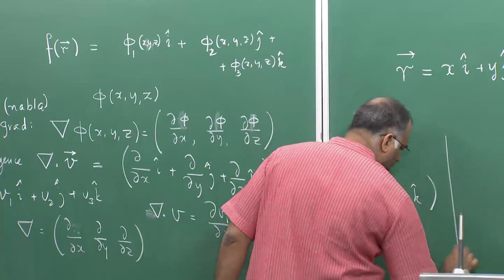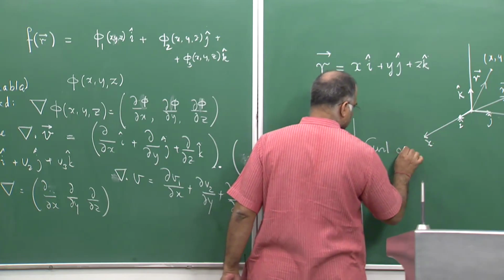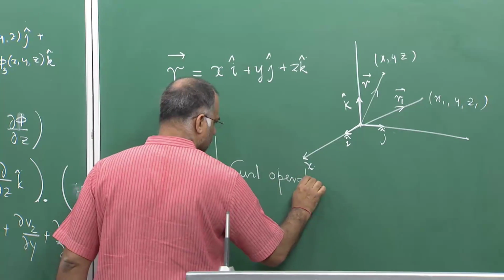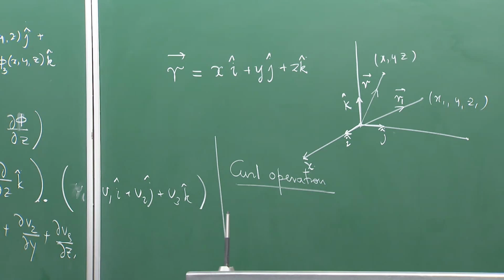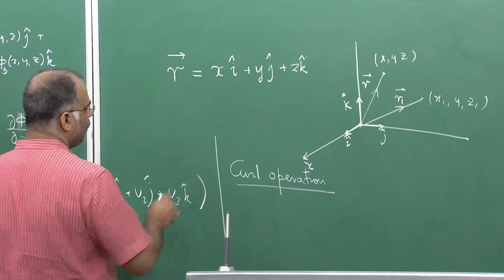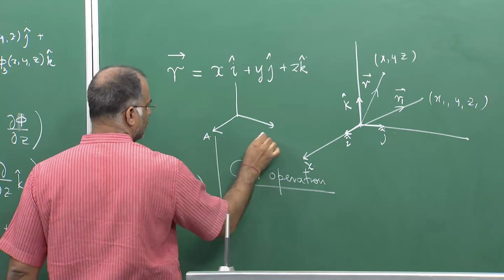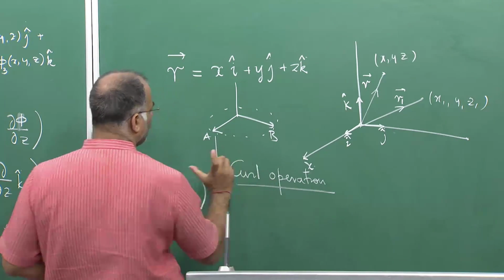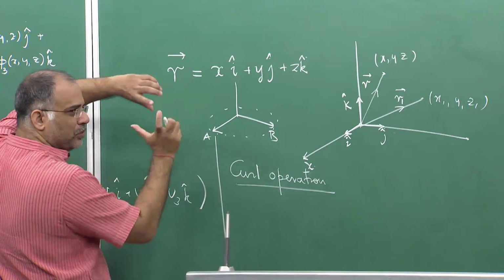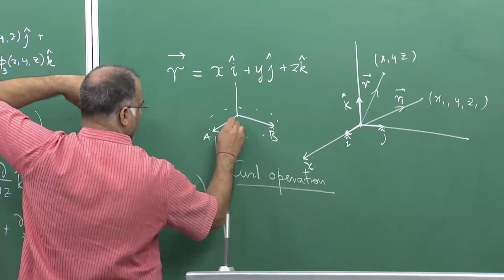Similarly, you can talk about another operation called the curl operation. The curl operation is like putting a screw. Basically, you have 2 vectors A and B. This is the base of a screw, and you are trying to rotate the screw from A to B in this direction.